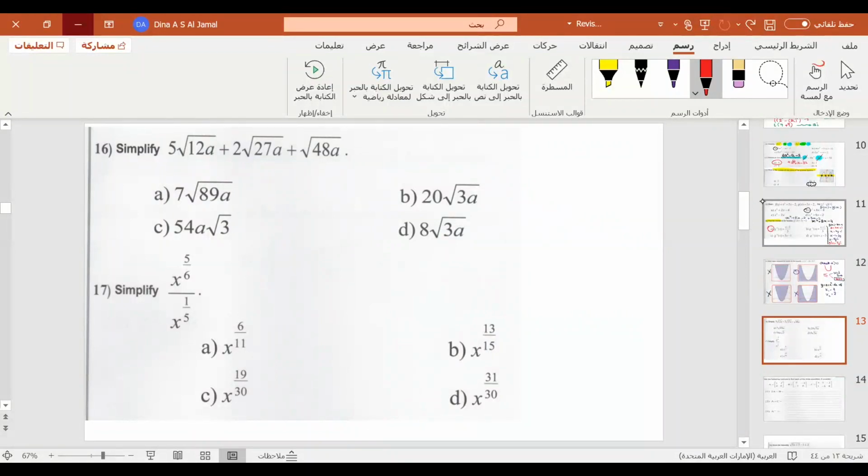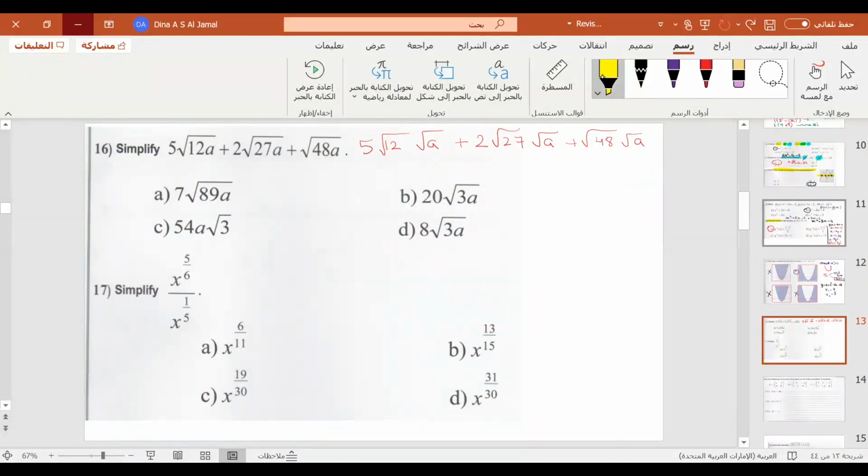So first step, think how can you solve each of them alone. Take square root of 12 alone, square root of A, plus 2 square root of 27, square root of A, plus square root of 48, square root of A.